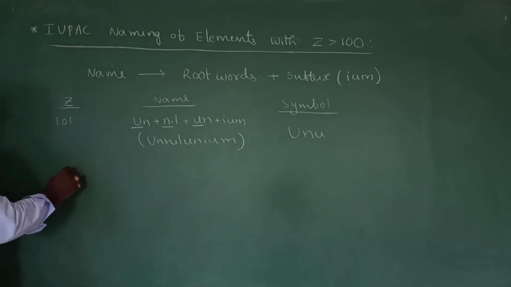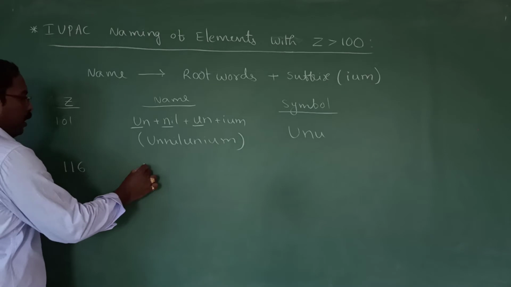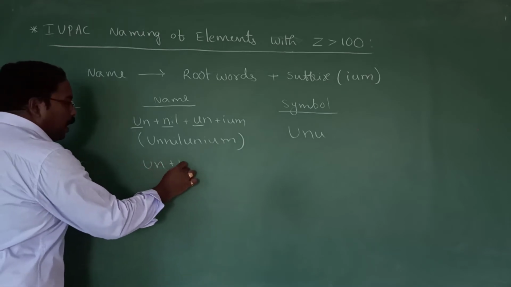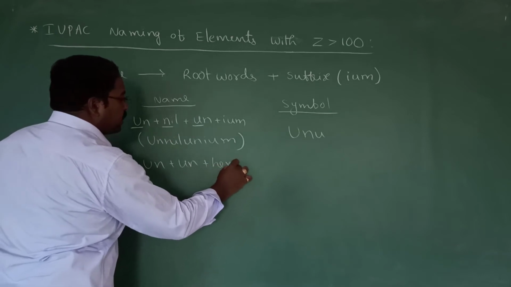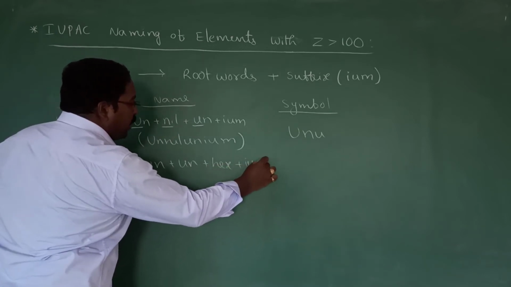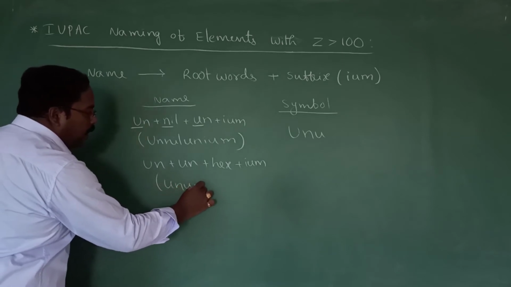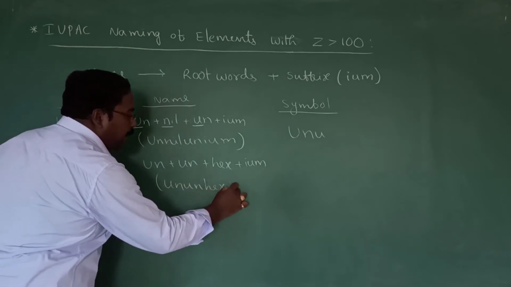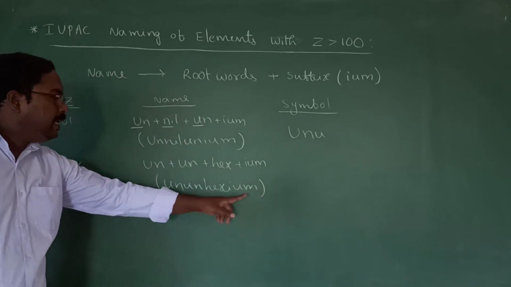For example, the atomic number 116. 116 means 1 is un, again 1 is un, and 6 means hex. The suffix is IUM. The name of the element is Ununhexium.